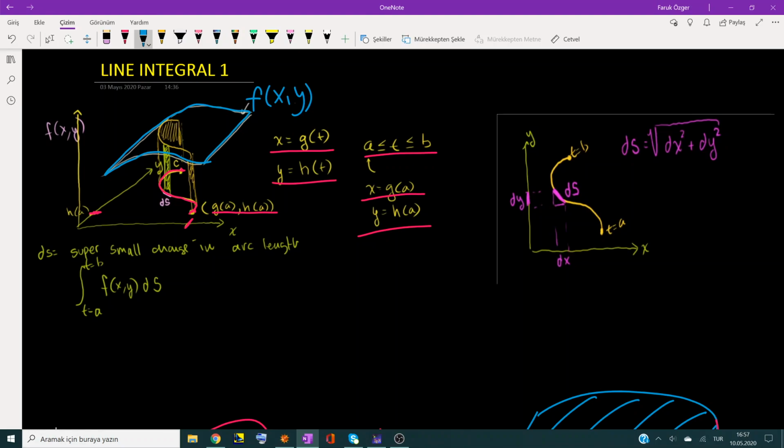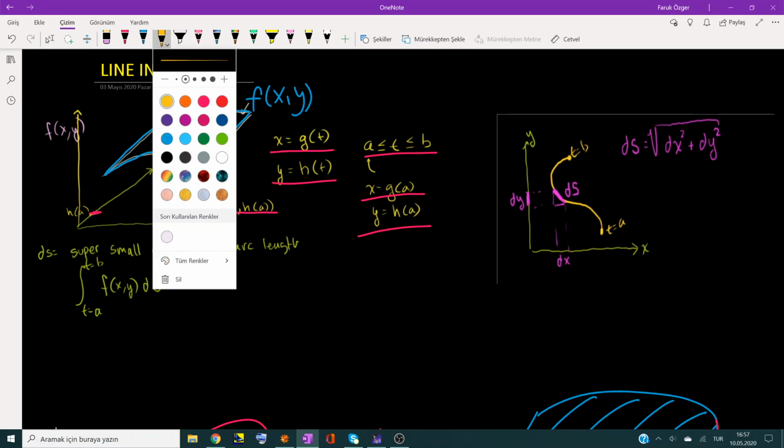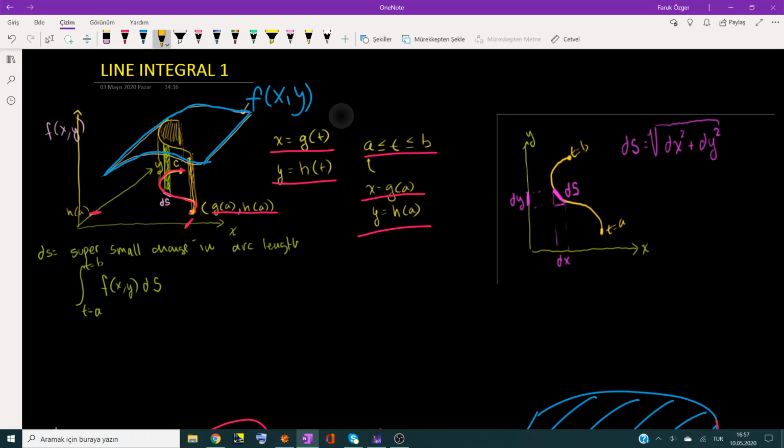So for instance, the corresponding point for the initial one is this. And if you continue to draw all corresponding points of the given parametric curve, you have this curve on the surface f of xy.